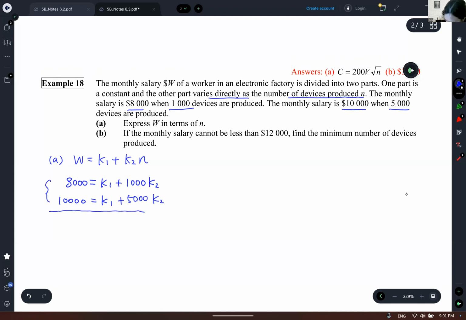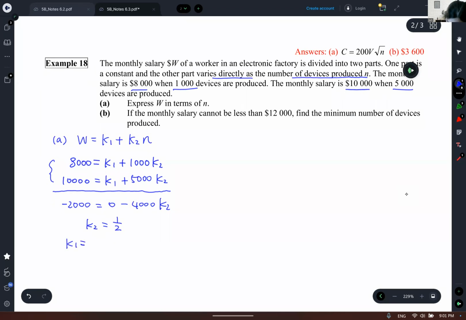And then you will get negative 2,000 equals 0 minus 4,000 K2. K2 equals 1 over 2. K1 equals 8,000 minus 1,000 times 1 over 2, that is 7,500. Therefore, the monthly salary W equals 7,500 plus 1 over 2 times n.